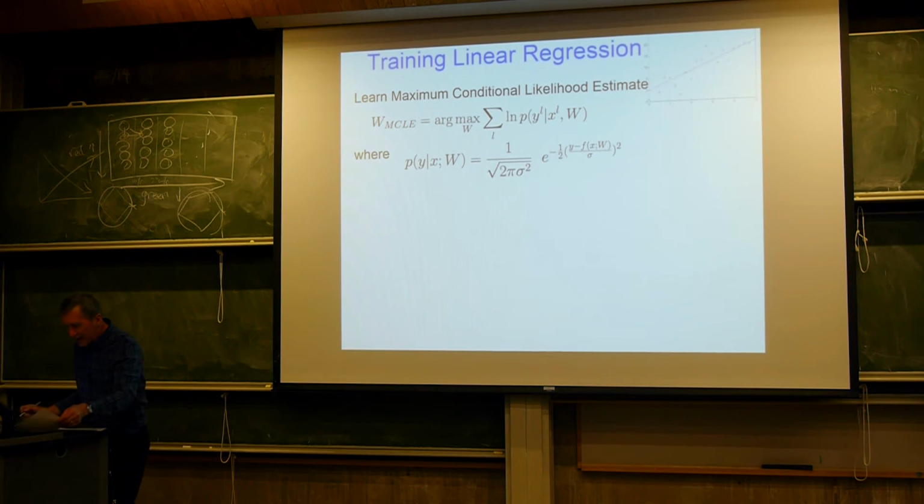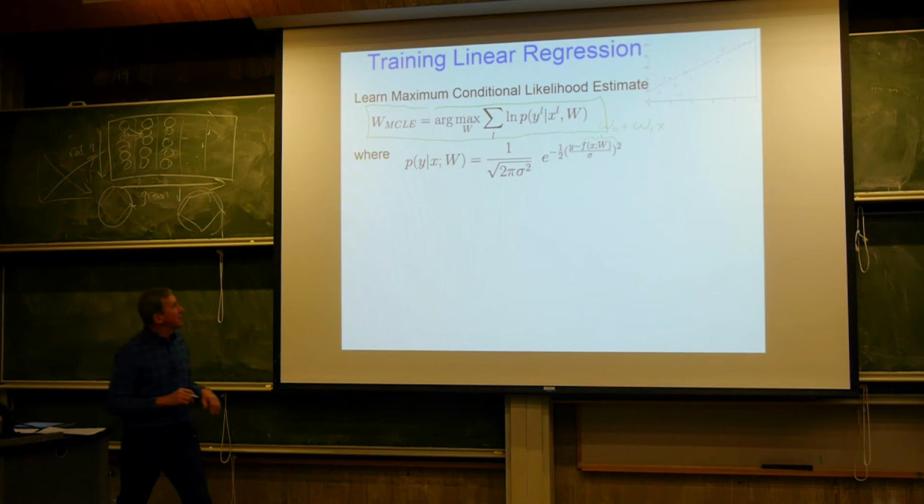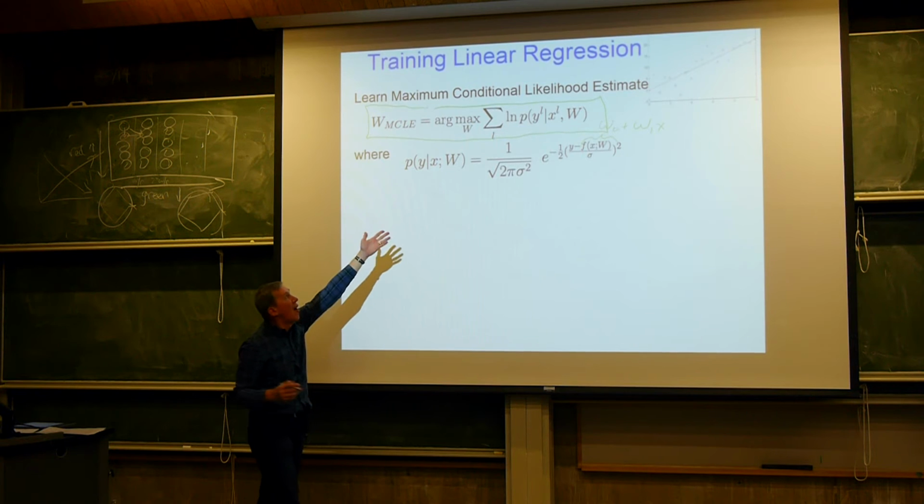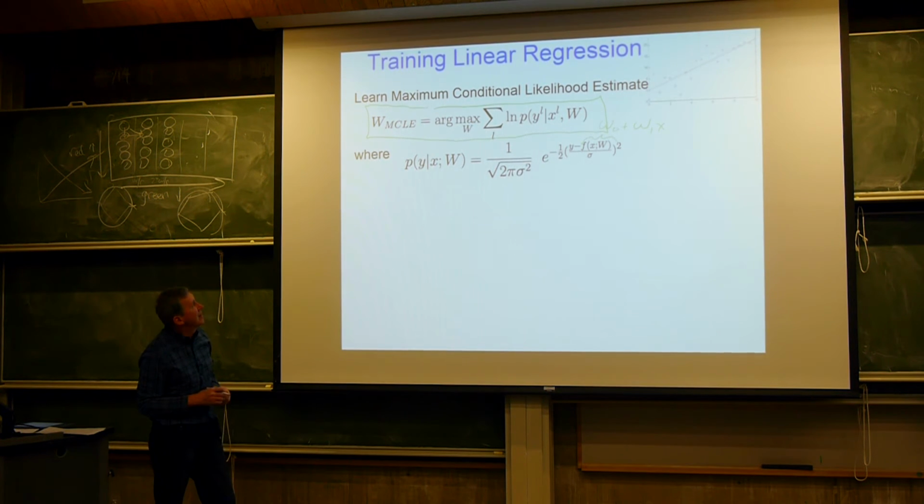Okay, so let's do that. Again, this quantity is going to be w0 plus w1x. And what I want to do again is find the weights W0 and W1 that maximize the log of the conditional likelihood.